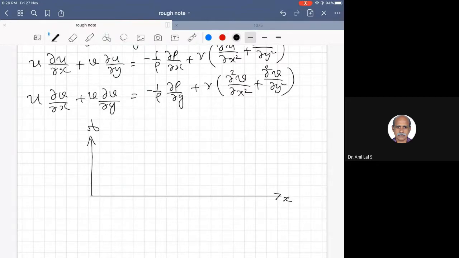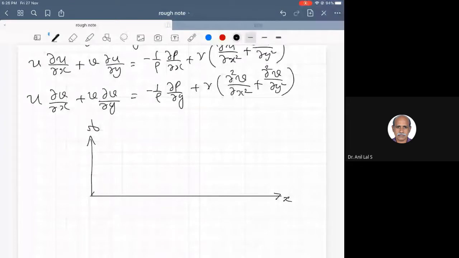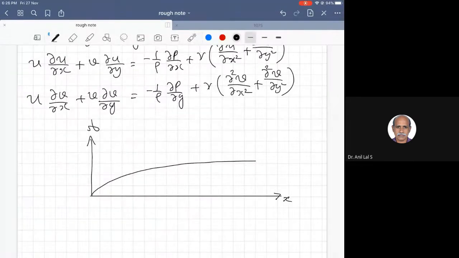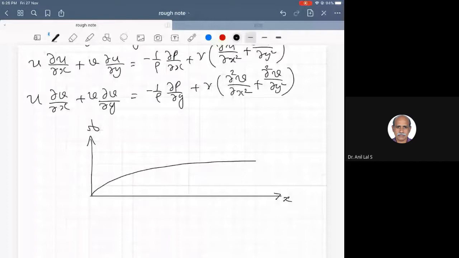So the boundary layer is drawn like this. This is actually the boundary layer thickness. The boundary layer itself is shown like this. So the points on this curve indicate the edge of the boundary layer.